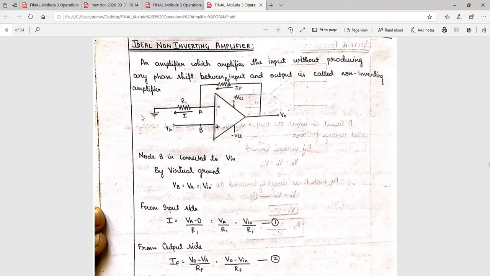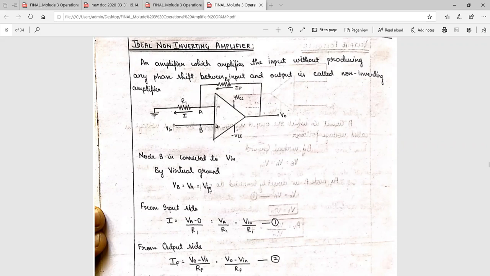If you see the circuit, node B is connected to V in, so the voltage at node B, VB, is equal to V in. By the virtual ground concept, whatever voltage appears at this point is the same voltage appearing at this point VA. So VB is equal to VA, which is equivalent to V in.